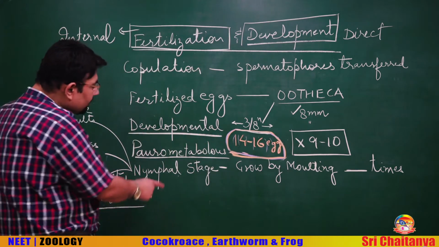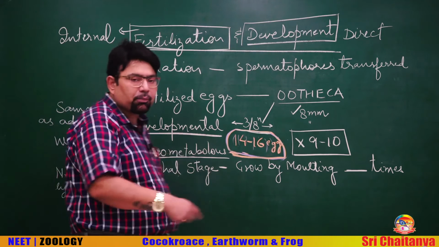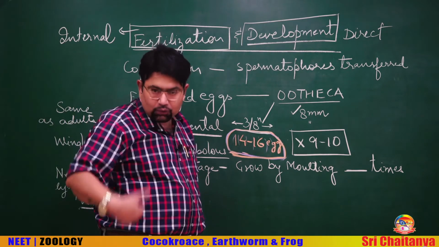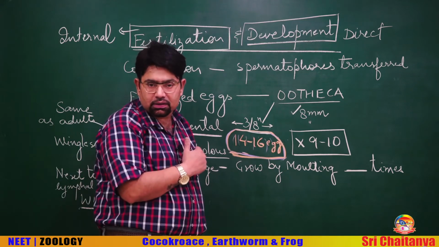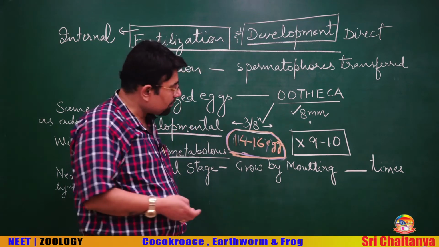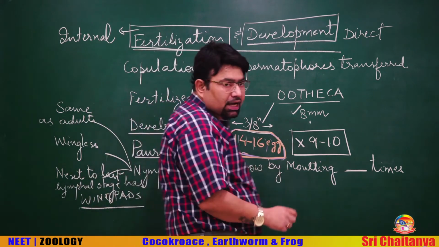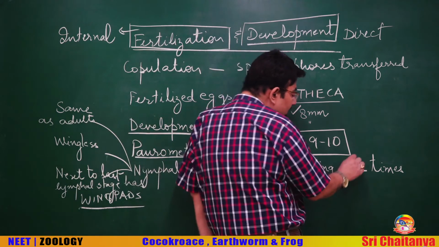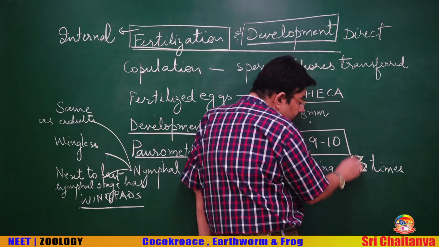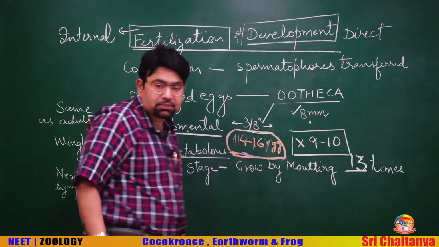These nymphal stages grow by molting. Molting is the shedding of the outermost cuticle. Only then can they grow, because the outermost cuticle is tough. In Periplaneta americana, to fully develop, it molts about 13 times.